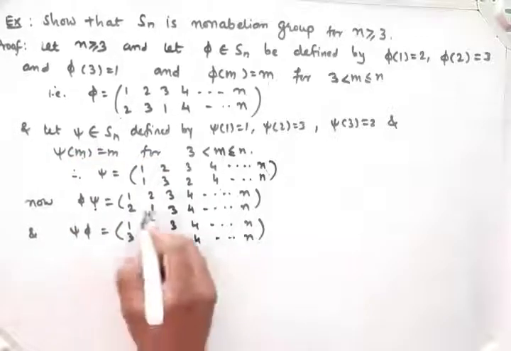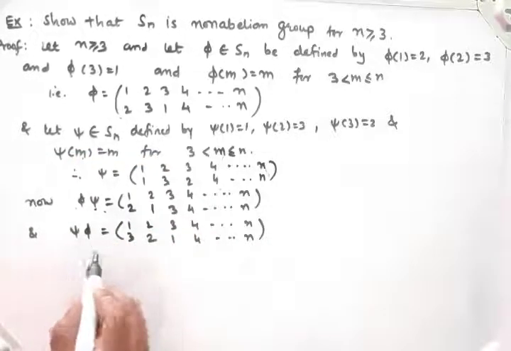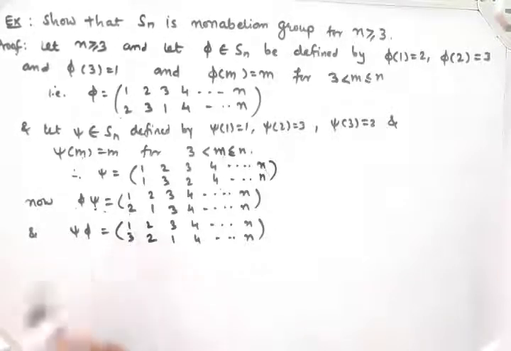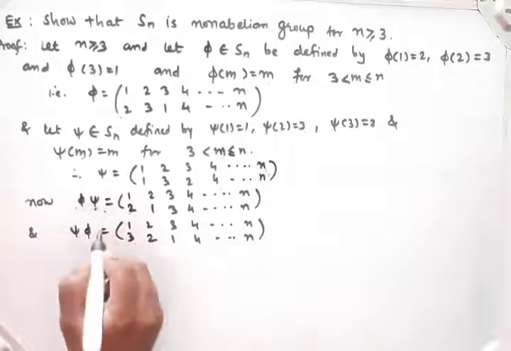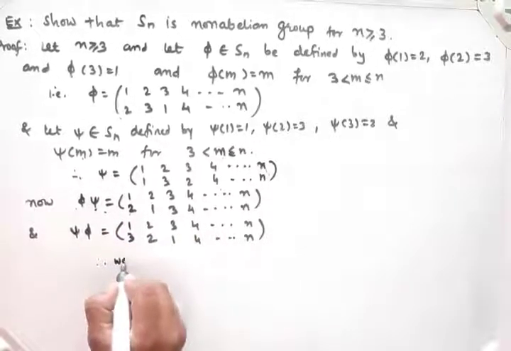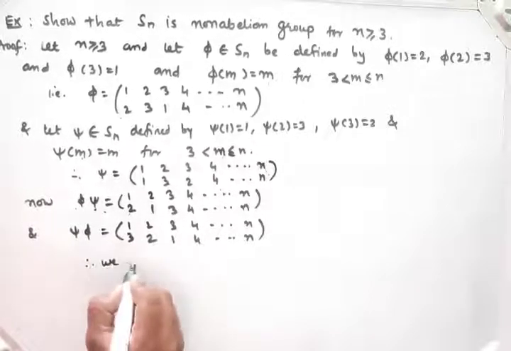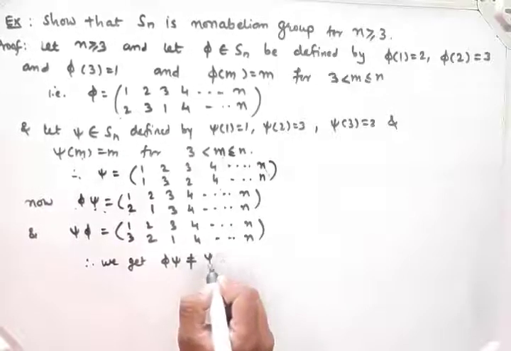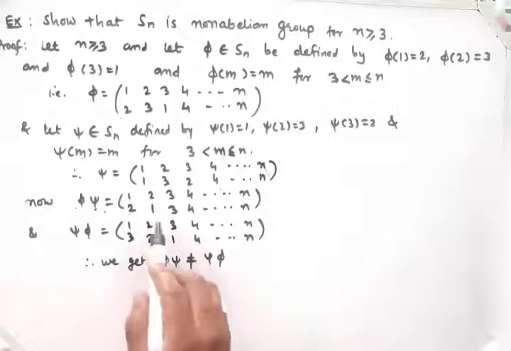So look at this: this is the permutation phi psi and this is the permutation psi phi. Here 1 goes to 2 and there 1 goes to 3; here 2 goes to 1 and there 2 goes to 3.